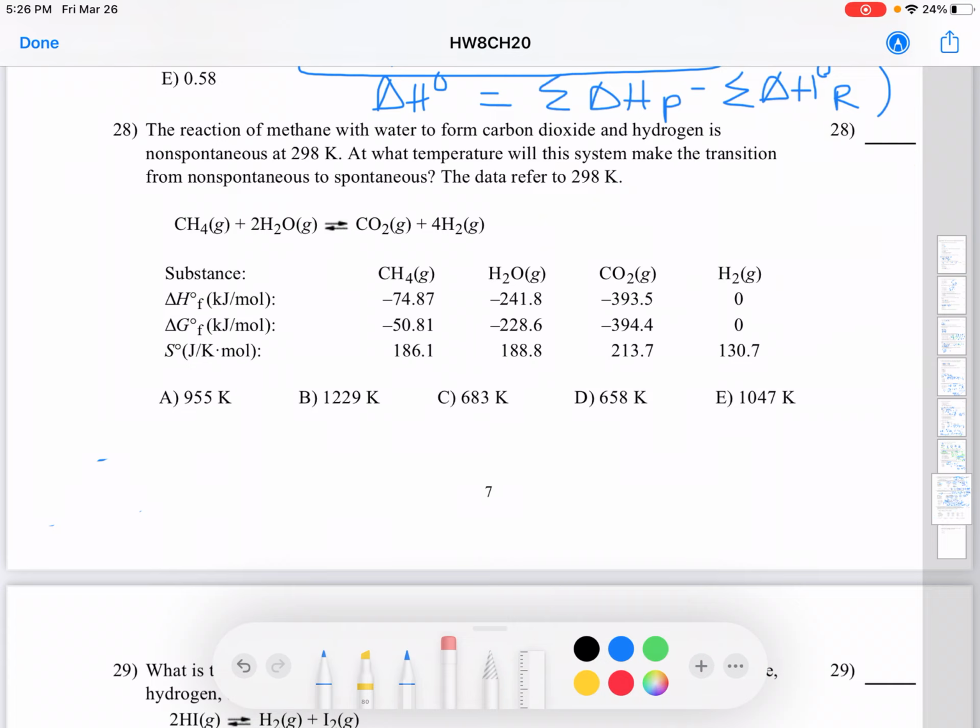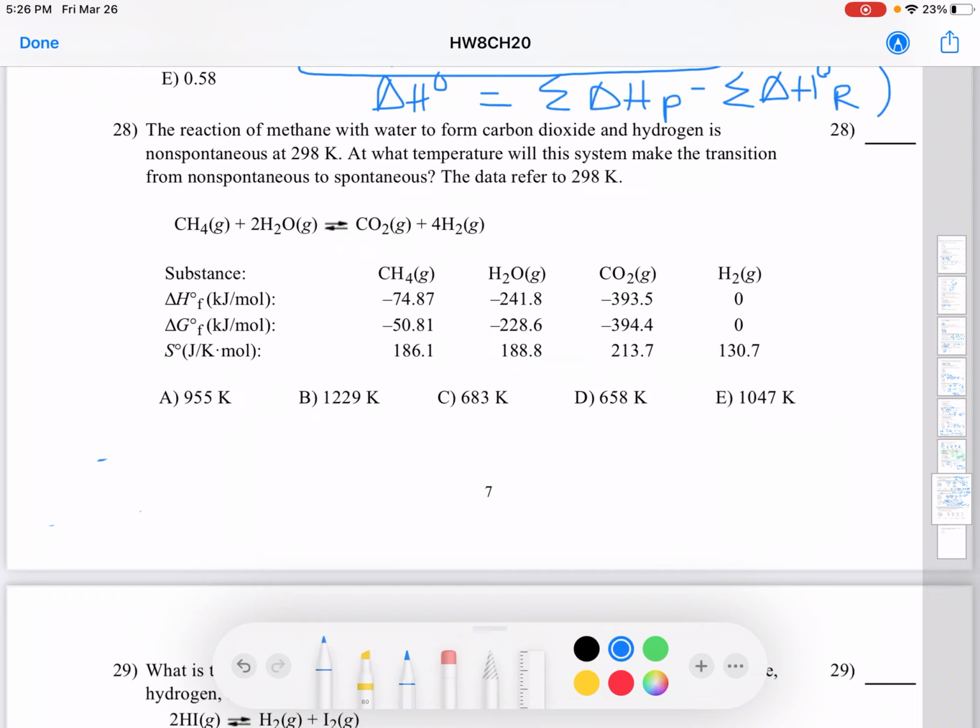The reaction of methane with water to form carbon dioxide and hydrogen is non-spontaneous. At what temperature will this system make the transition from non-spontaneous to spontaneous? It happens when the delta G becomes 0.